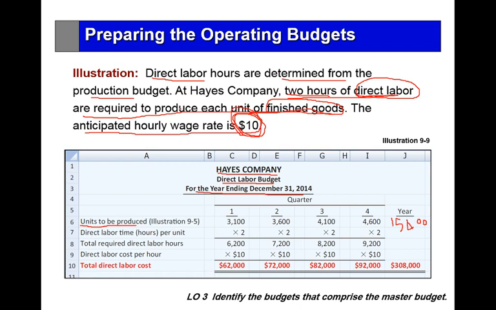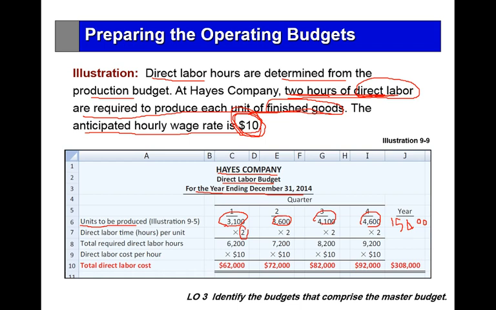From the illustration, we have 2 hours of direct labor required to produce 1 unit of finished goods. For every unit of output, we have 2 hours of input.